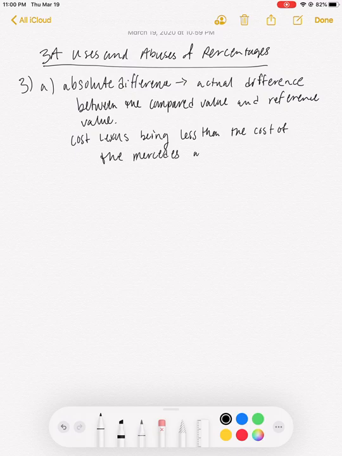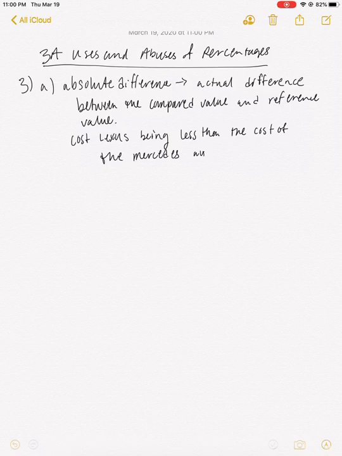And vice versa. The Mercedes is probably costing a little more than the Lexus. Okay, and so that's our example there.